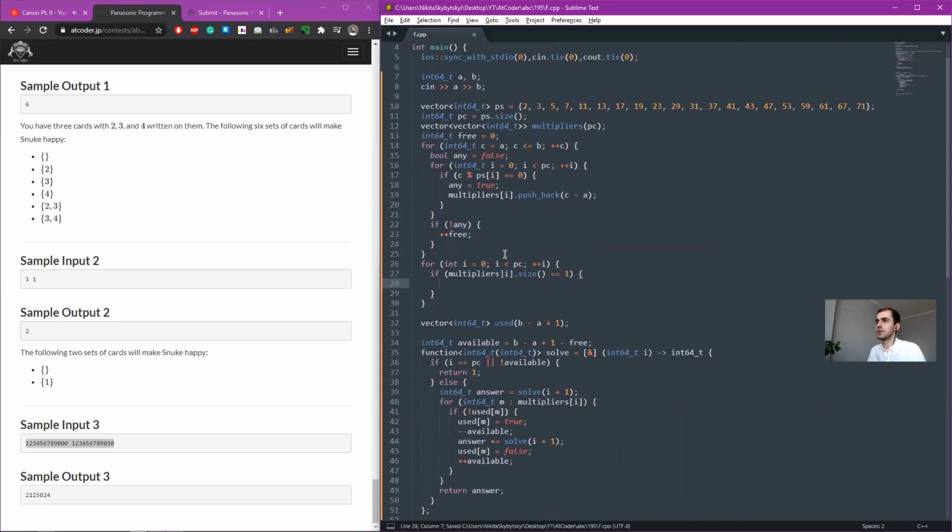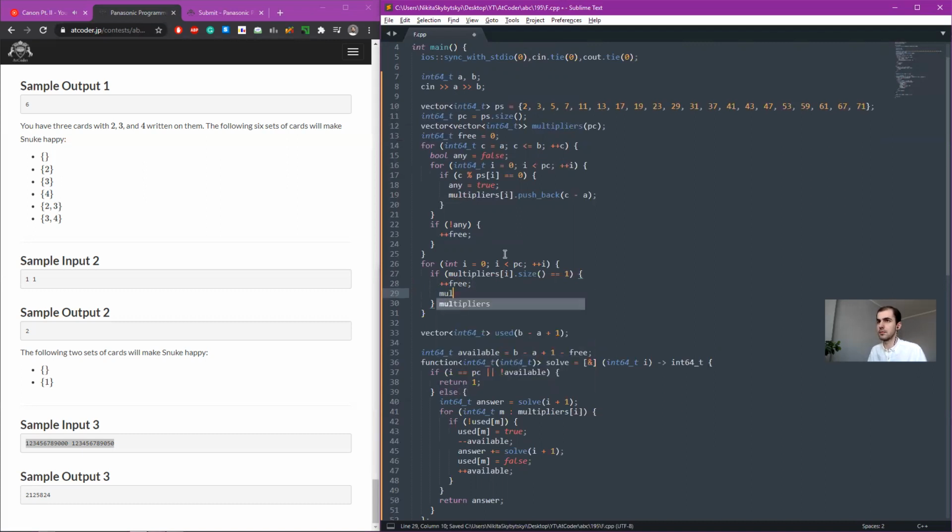Well, one number divisible by it. Why don't we just remove it? Right? Take it, don't take it. No, it's not free.